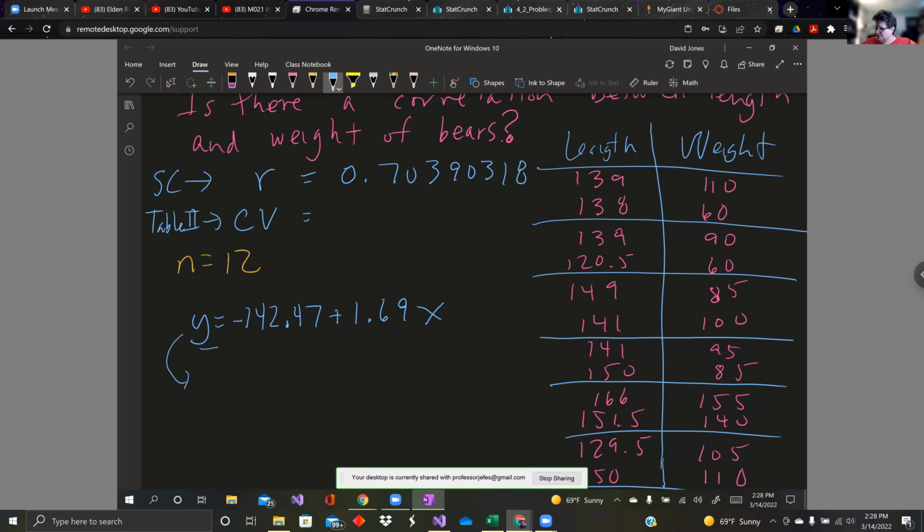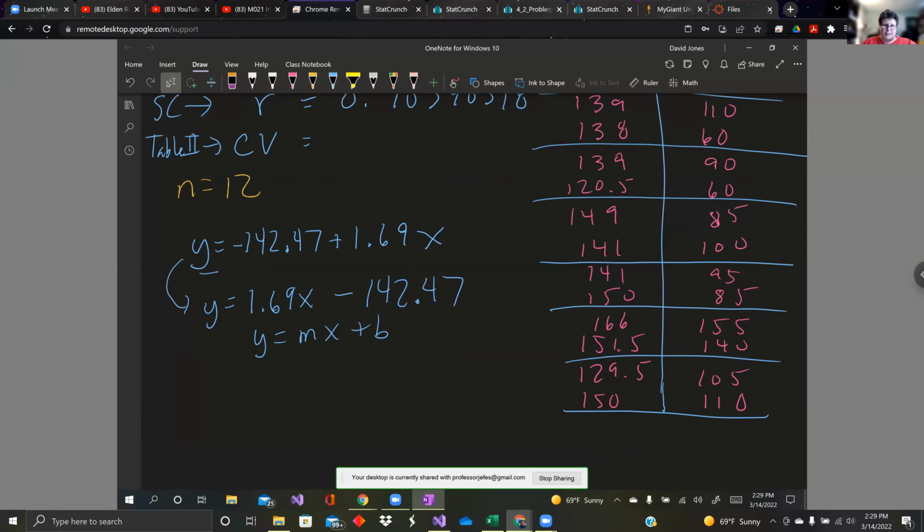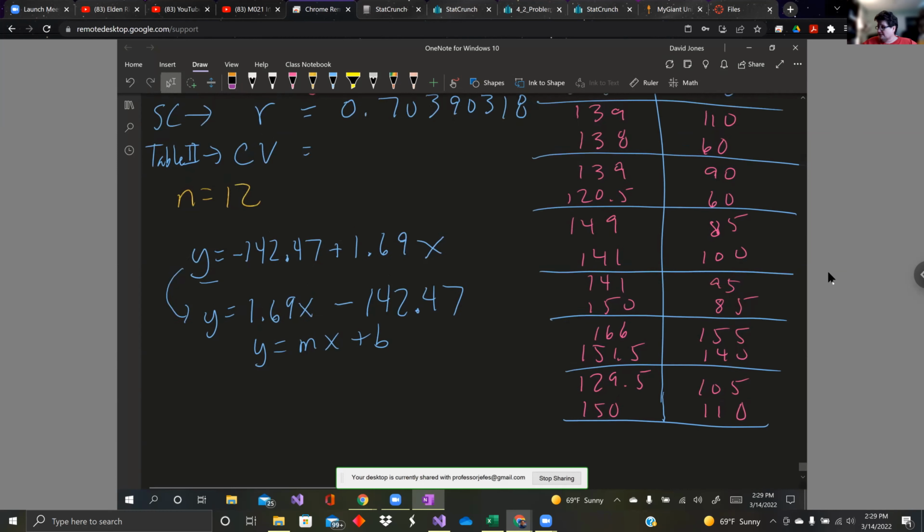I'm going to rearrange it and put the X value first, the way we normally write equations. And so this is kind of like in mx plus b form, which we'll use. We talked about before. M is slope and b is the y-intercept.